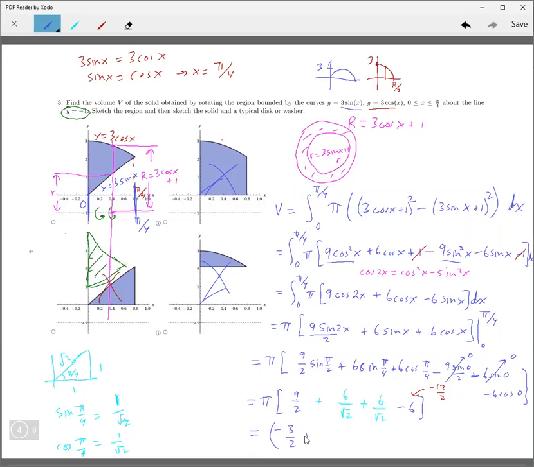And then these two combined together is going to be 12 over root 2. If you rationalize that, it'll be 6 root 2, all times pi. And that should be the answer right there.